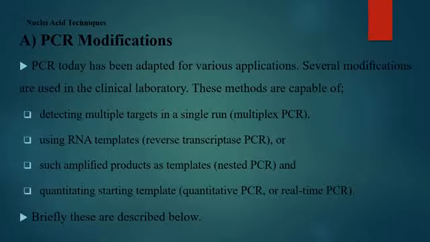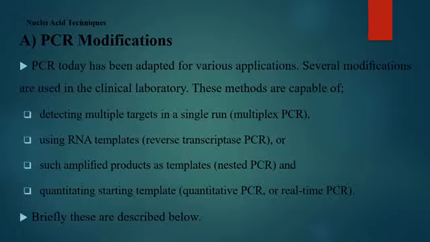Now there are modifications to the PCR. So the PCR has undergone different modifications to satisfy particular requests and desires. Now the available modifications are the multiplex PCR, that's for detecting multiple targets in a single run. So for a particular DNA, you are not looking at just a single target.